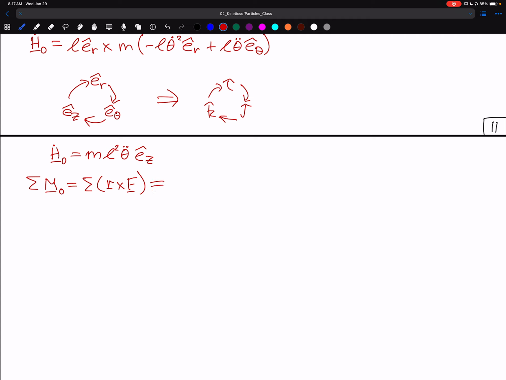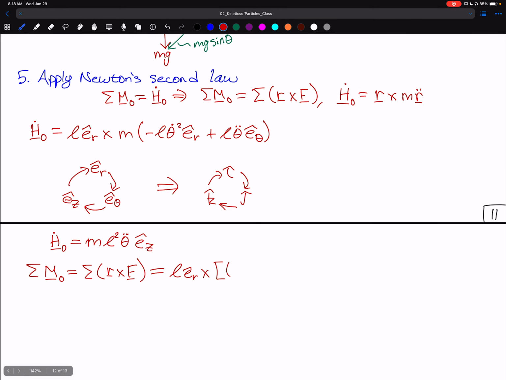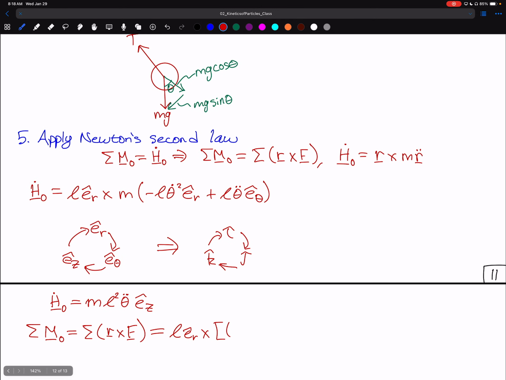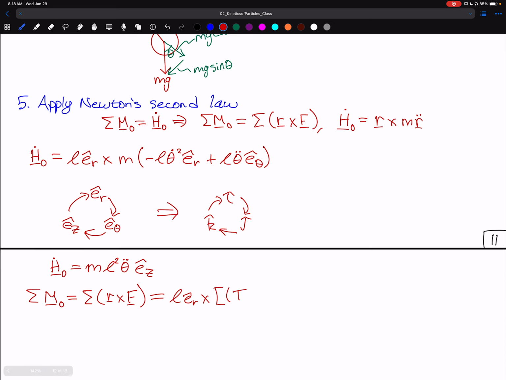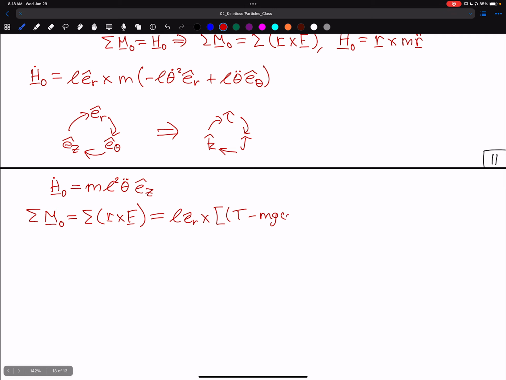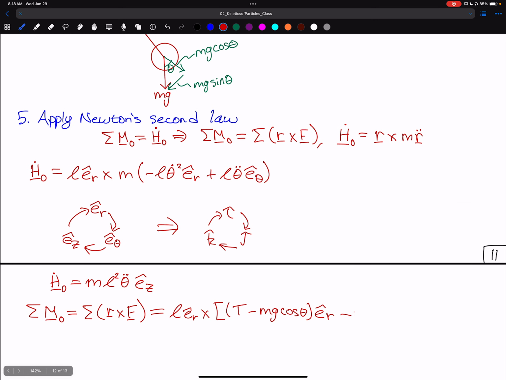And so in this case, we're going to get L e hat r, that's our position vector, crossed with the forces here, which, if we go back to our free body diagram, will be in the e hat r direction T minus mg cosine theta e hat r, and then minus mg sine theta e hat theta.